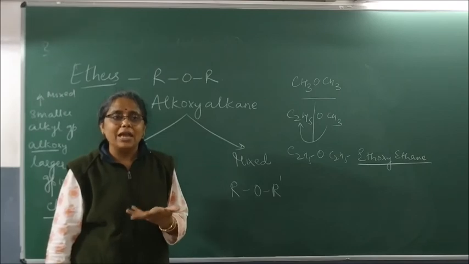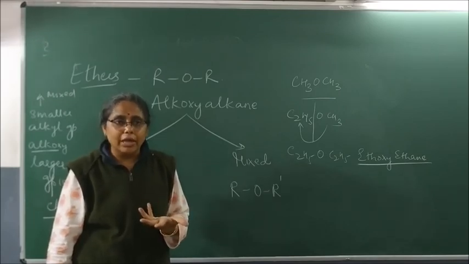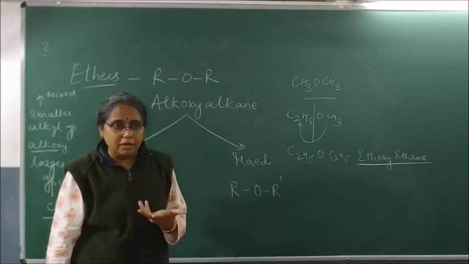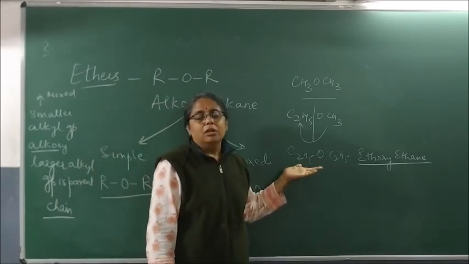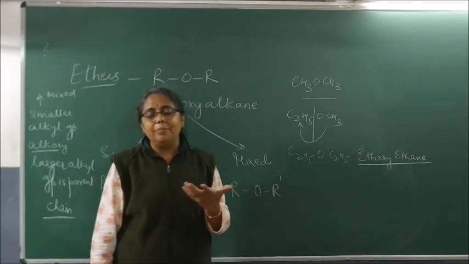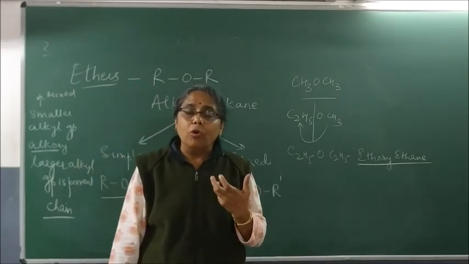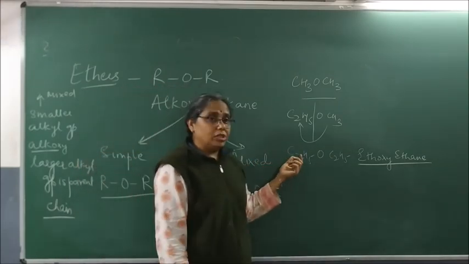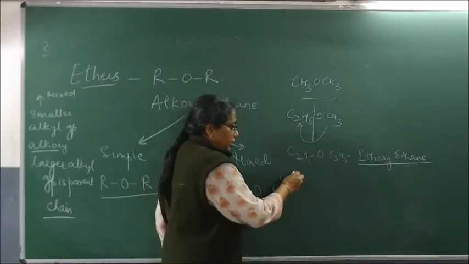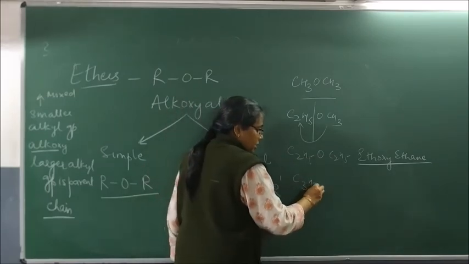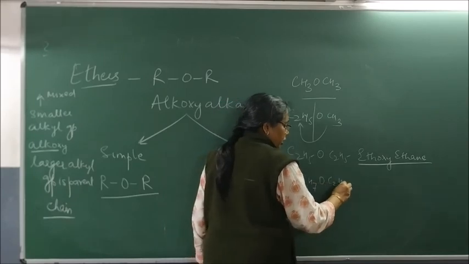This ethoxyethane is commercially sold under the name ether. When I go and say alcohol, I get ethanol. When I say ether, I always get diethyl ether. So when anybody talks as a layman about ether, we always mean ethoxyethane or diethyl ether. Now let us write C3H7OC2H5.